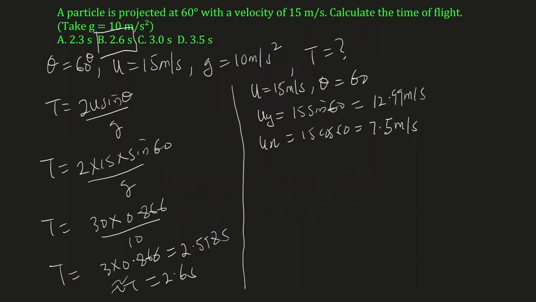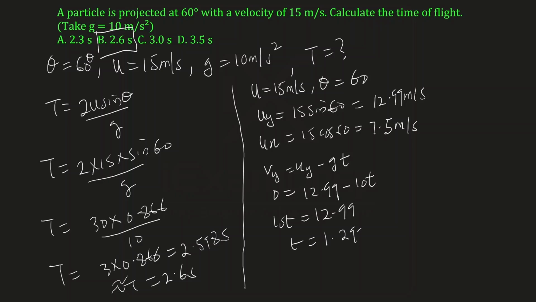So I'm looking for time of flight. So I then use Vy equals Uy minus gt, because it's projected upward. At maximum height, Vy will be 0. So I have 0 equals Uy, which is 12.99, minus 10t. So 10t equals 12.99 and t will be 1.299 seconds.